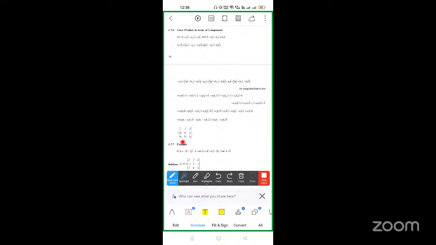The first row is always i, j, k in the cross product. The second row is the first vector; here we are taking A cross B, and in case we take B cross A, we write the B vector coefficients first. So for A cross B, the second row is a1, a2, a3, and the third row is b1, b2, b3. Expanding this matrix, we get A cross B.